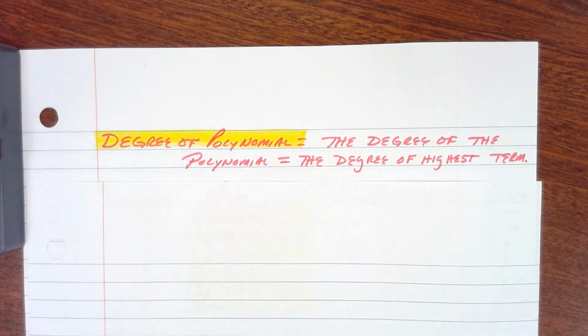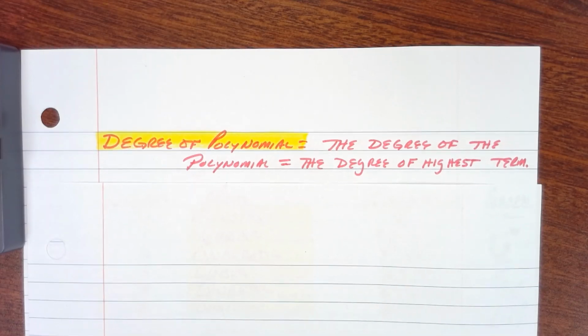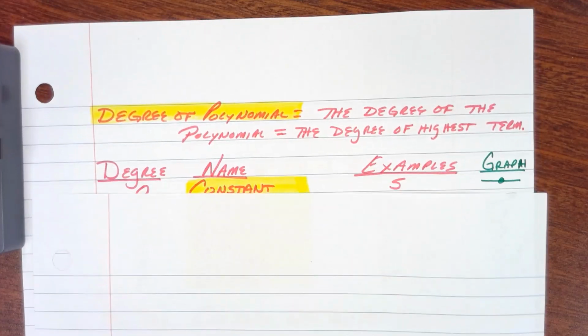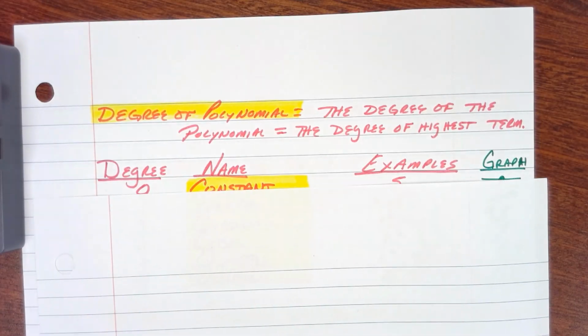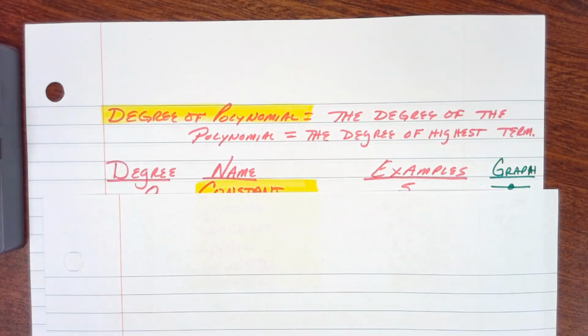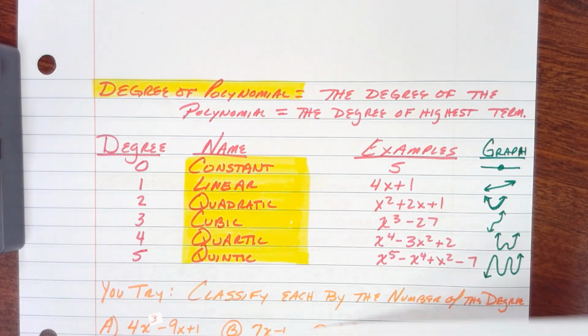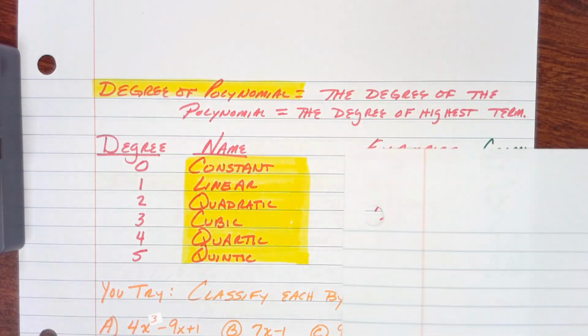So whatever is the highest degree is the degree of the polynomial. And there are some reasons why that is the case, and we're going to talk about the different degrees and their names. And I'm just going to talk about this part first.